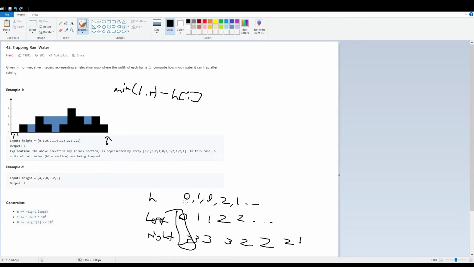So for example, here the minimum is 0, so 0 minus 0 is 0 rainwater trapped. Let's look at this one. What we're looking at right now is 0 here. The minimum between left and right is 1, so 1 minus 0 is 1. So we can trap 1 rainwater at this position here, which is actually consistent. You can only trap 1 rainwater here.